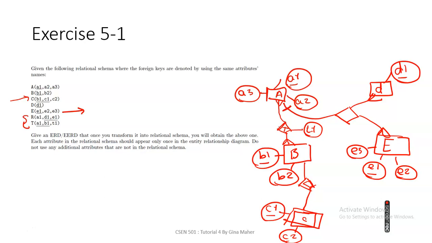If it is 1 to n, we have two options: either make a new relation, taking both primary keys and choosing the primary key of the many-sided as the primary key of this relation, or put the foreign key of the one-sided in the many-sided entity. And in the n-to-n relationships, we make a new relation, taking the two primary keys of the entities as foreign keys, and both will be the primary key of this new relation.